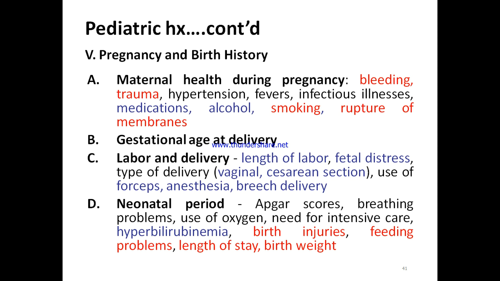The classification of gestational age. Gestational age is the age of the fetus in utero from conception up to delivery. The normal gestational age in normal births is from 37 up to 42 weeks.